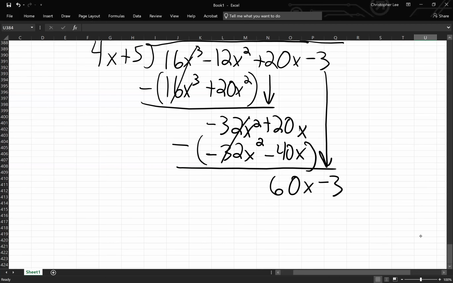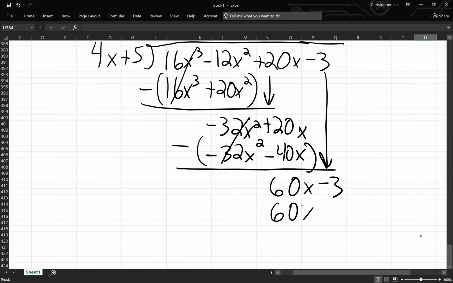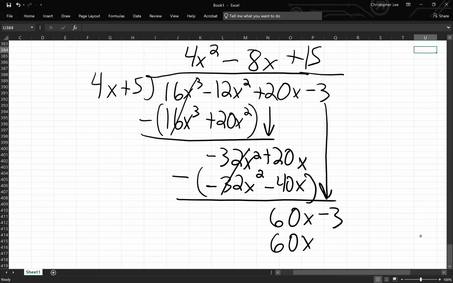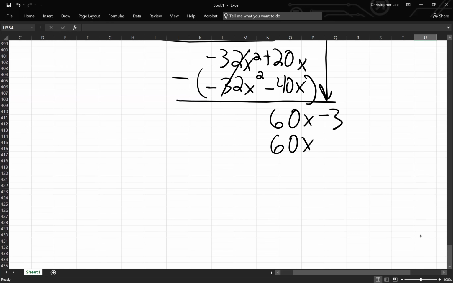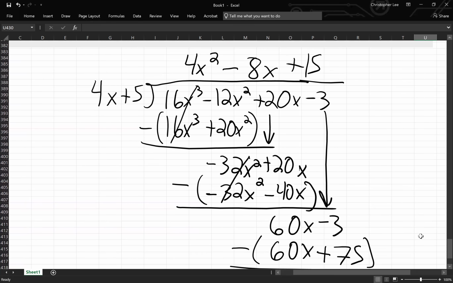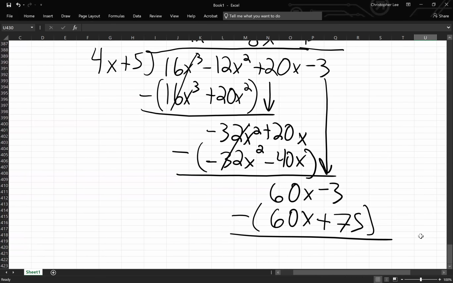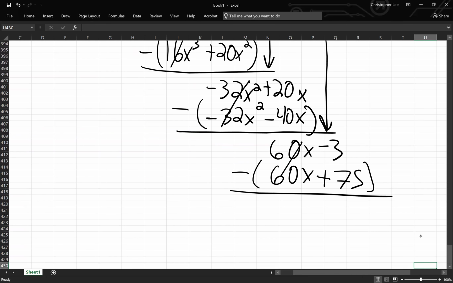15 times 4 is 60, right? And then 15 times 5 is 75, right? And then we want to subtract this. So 60x minus 60x, and negative 3 minus 75 is negative 78.